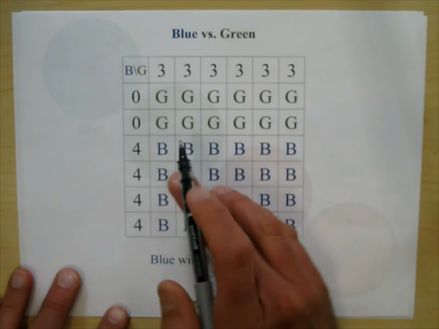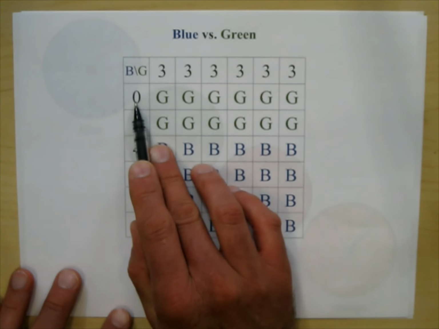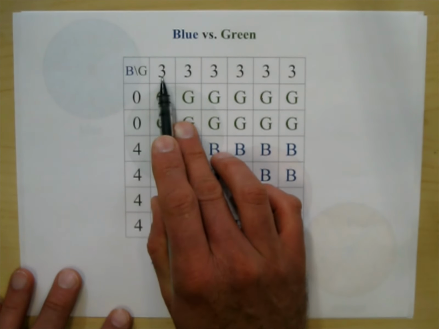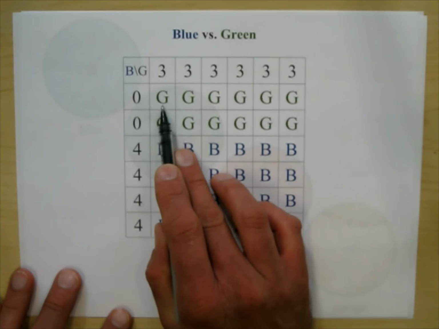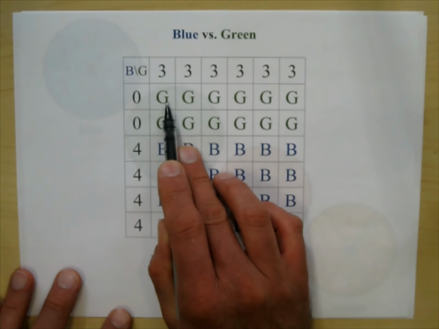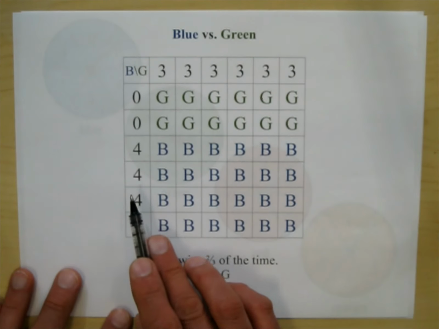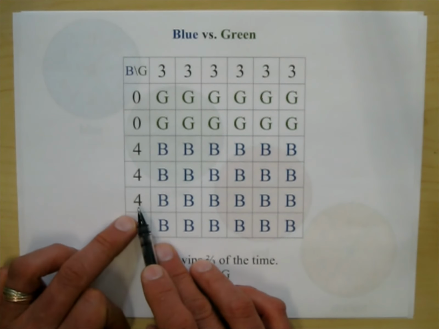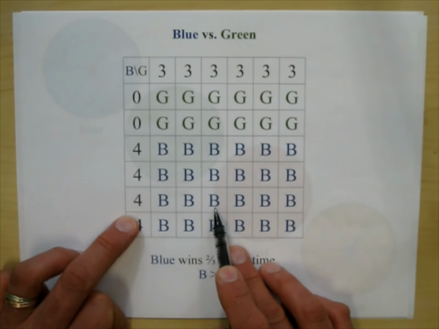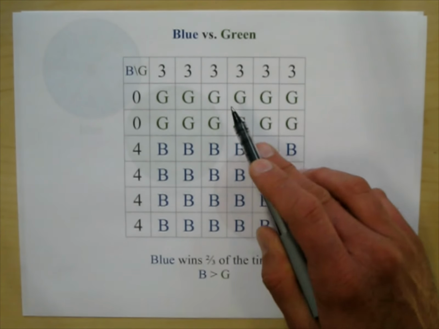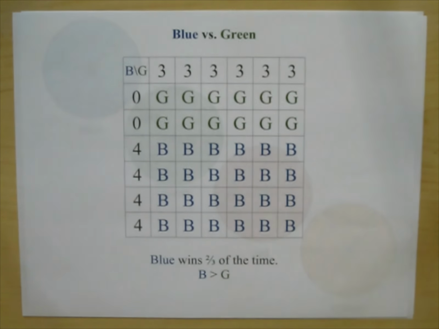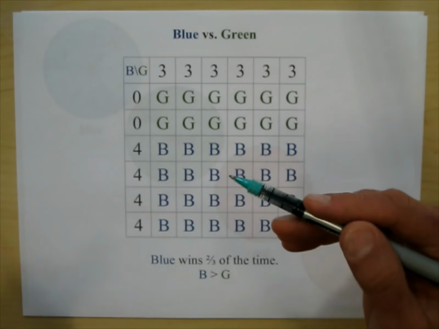So when I compare this, if blue spins a 0 and green spins a 3, then green wins, and I put a G there. Okay. Now if blue spins a 4 and green spins a 3, so we go right here. Let's use the right colors here.